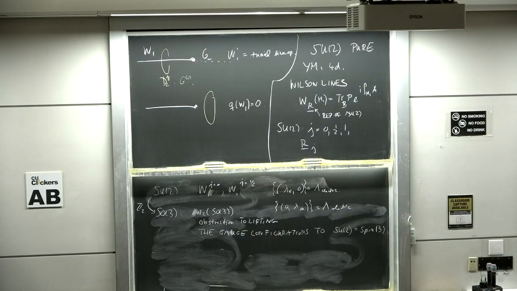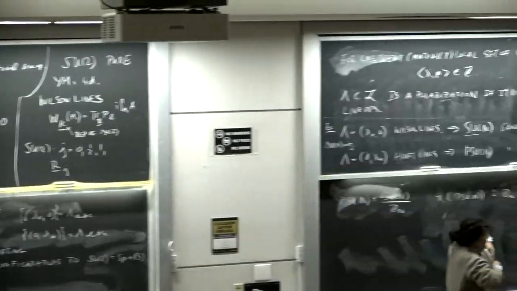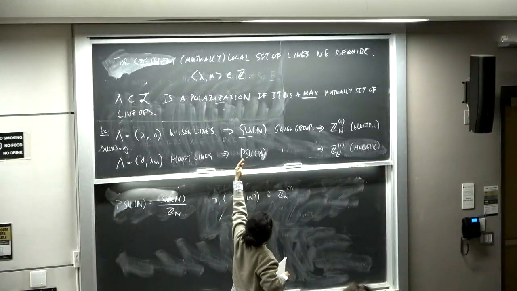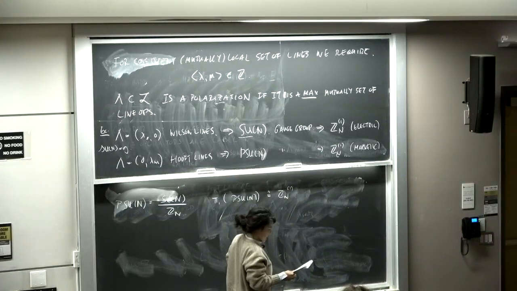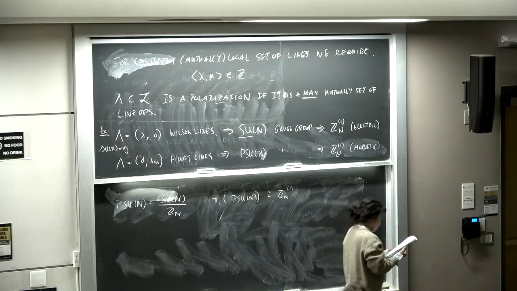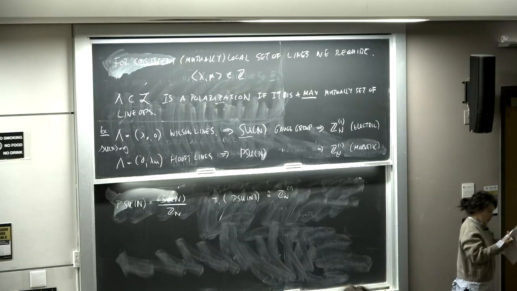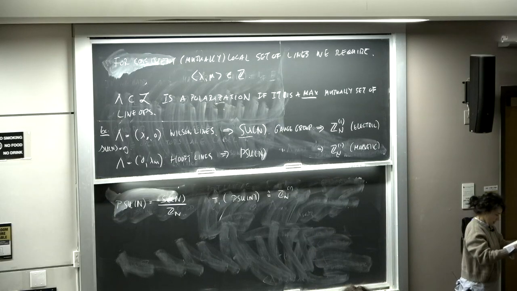The other important point is that you cannot just pick any arbitrary subset of lines. You actually need to require there to be a polarization. Okay, so are there questions about one-form symmetries?